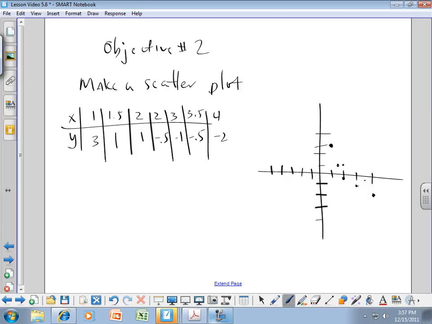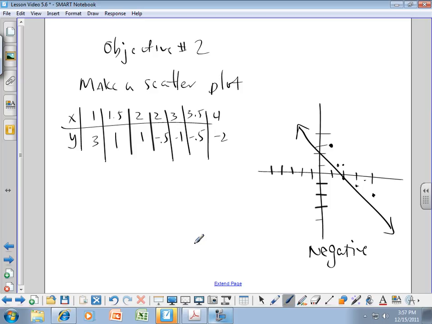Could you tell me what the correlation of that is? Doesn't it look like we're going down to the left? Excuse me, down to the right? I said that all wrong, didn't I? Well, that's going to have a negative correlation. Please ignore what I said back in objective number 1. Down and to the right is negative. Up and to the right is positive. So making a scatter plot is simply just plotting points.